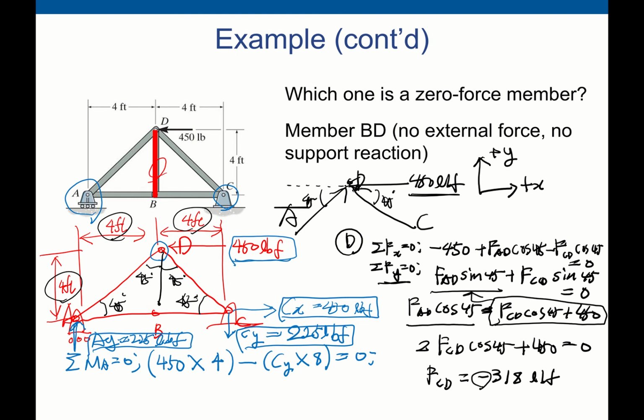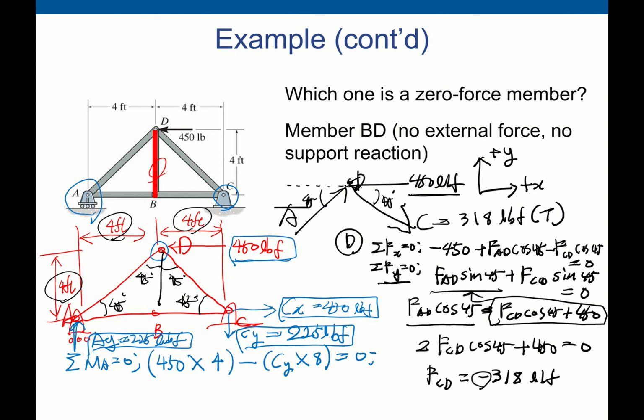This one is tension. So FCD is 318 pound force, and this one should be in tension.